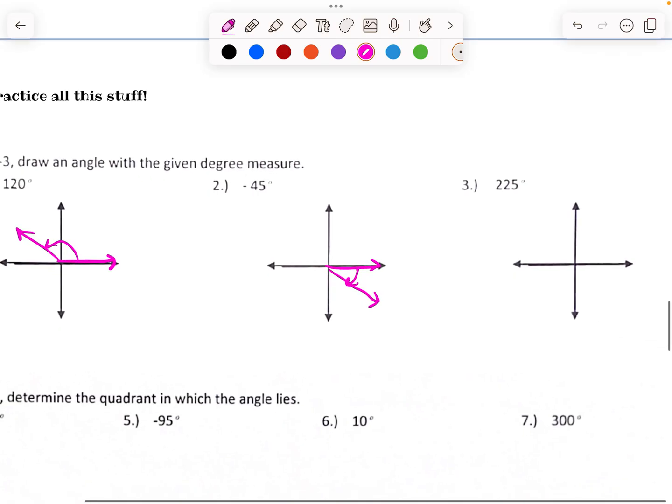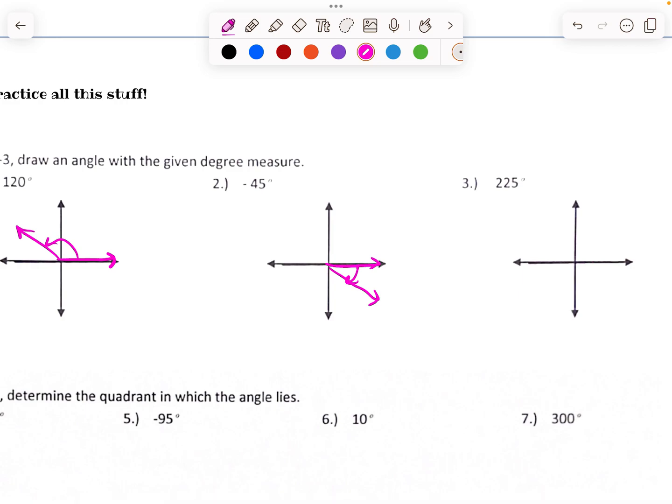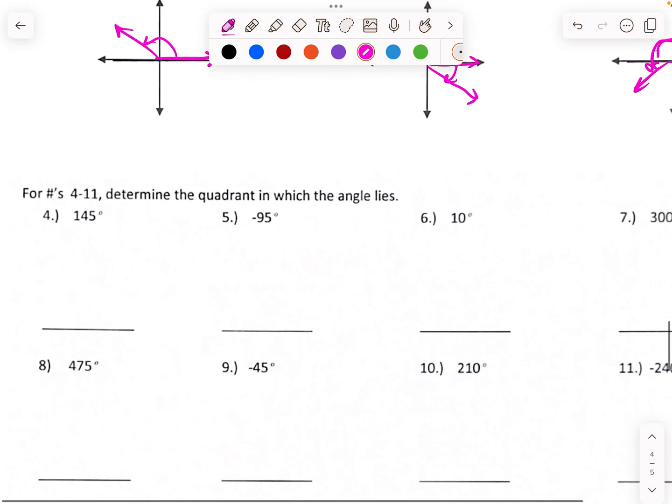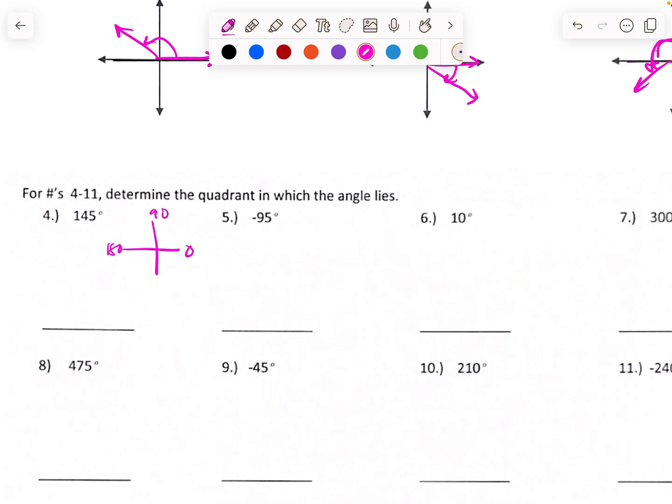Yes, you are tracing the x-axis, but it is important to know where we start. 145, this is just knowing where these angle numbers are. So 145 would put you here in quadrant 2. Negative 95 would put you in 3. 10 degrees would be in 1.